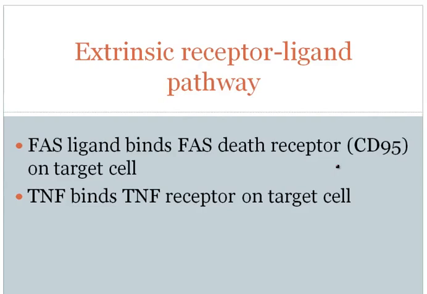And this becomes a very high yield way by which this pathway can be tested. Another example would be tumor necrosis factor binding tumor necrosis factor receptor on a target cell. But for me, this really is the high yield: Fas ligand Fas death receptor in the context of negative selection of T cells in the thymus.